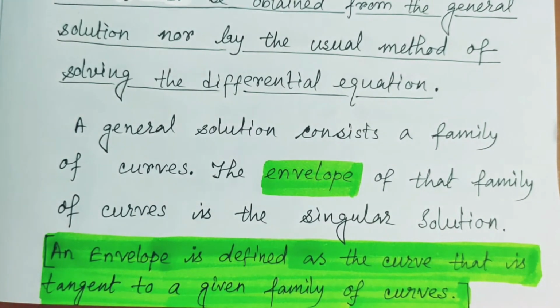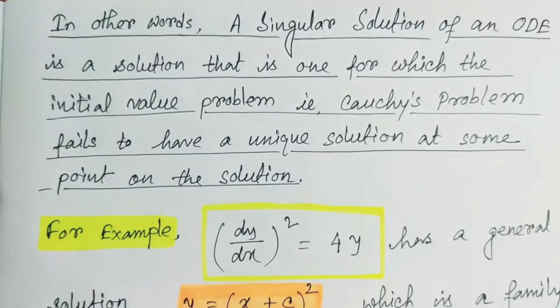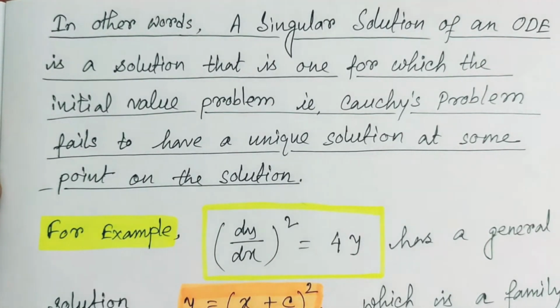How to get the envelope for a given family of curves, I hope you already know. From there you can easily calculate that the envelope is nothing but the singular solution. In other words, we can define a singular solution of an ordinary differential equation as a solution for which the initial value problem, that is the Cauchy problem, fails to have a unique solution at some point.